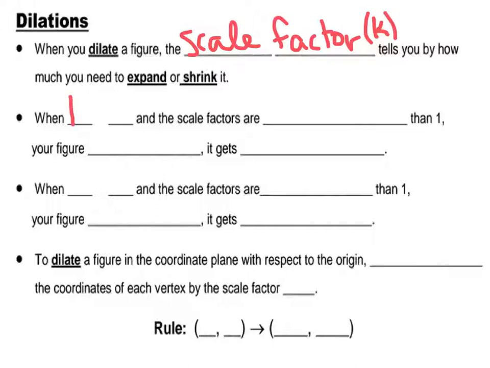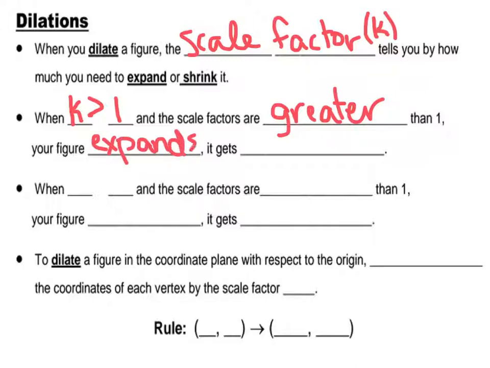When the value of k is greater than 1, then the scale factors are greater than 1. So when your scale factor is greater than 1, your figure expands. That means that it gets bigger.